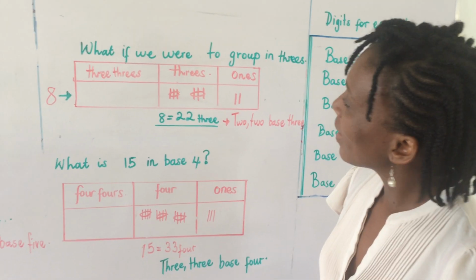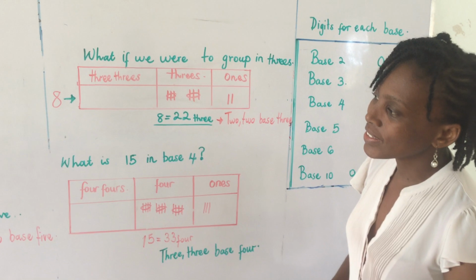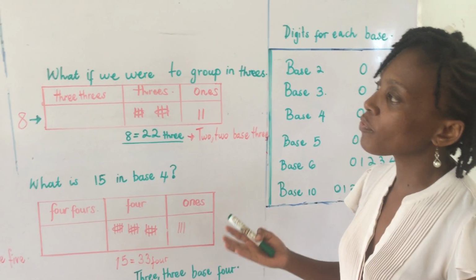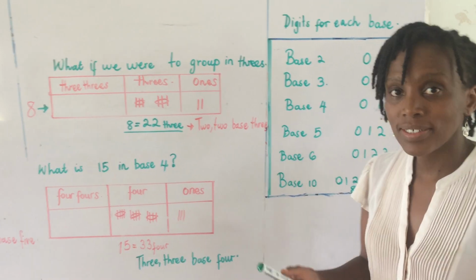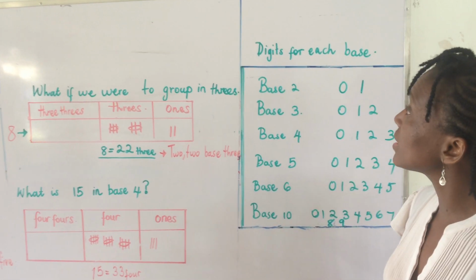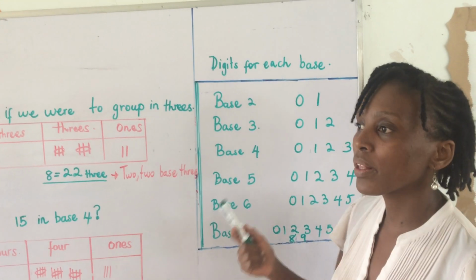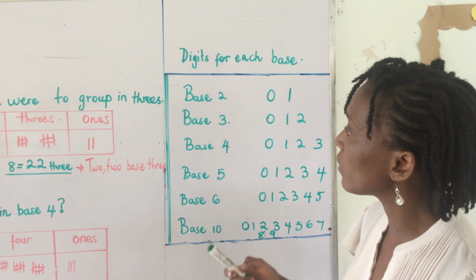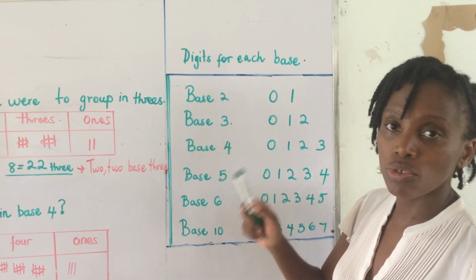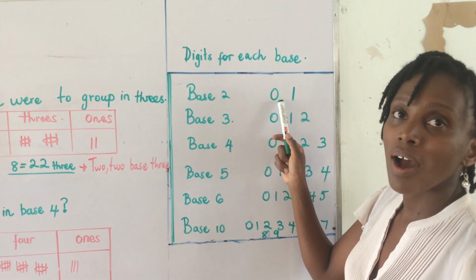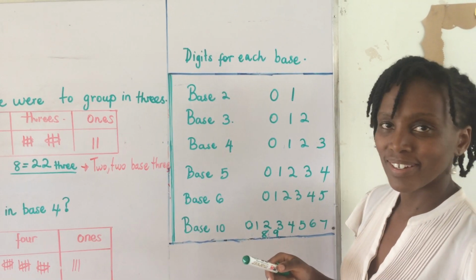So, to summarize, bases are groupings of numbers. And with each base, there will be certain digits that will recur, that will keep on featuring. In base 2, the digits will be 0 and 1.